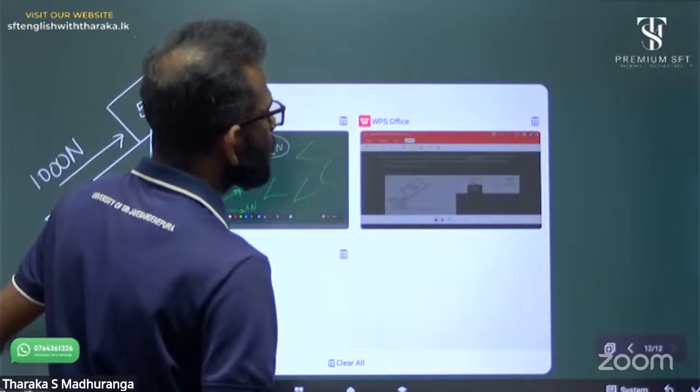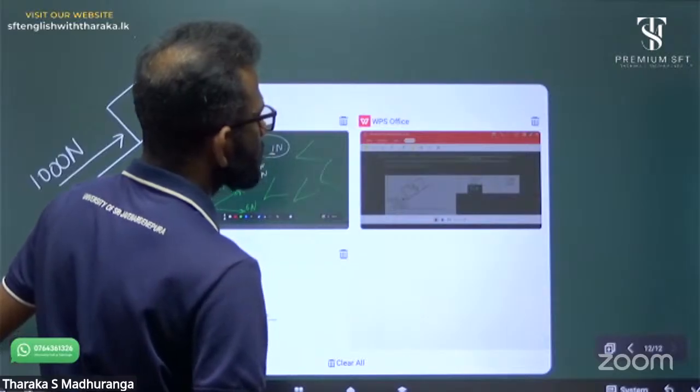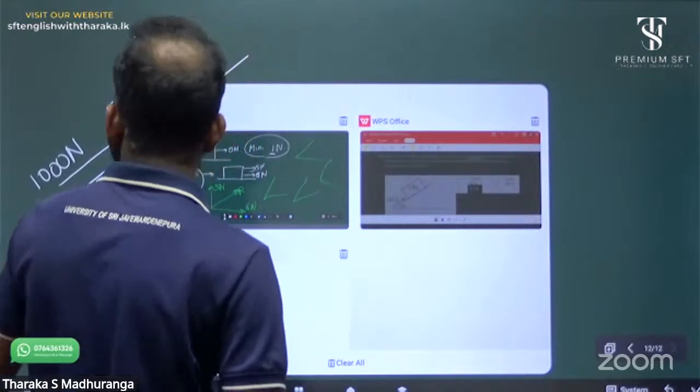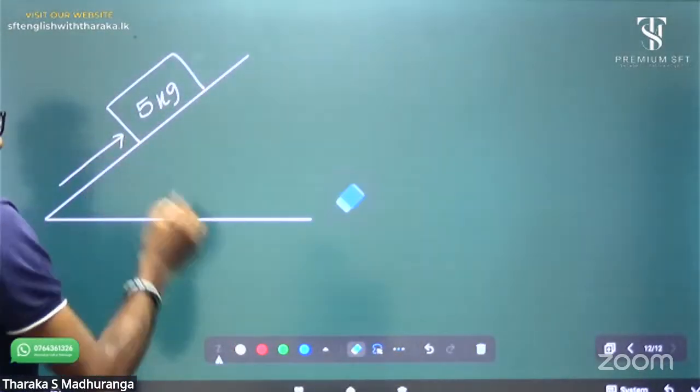The friction force, so it is 100 Newton.